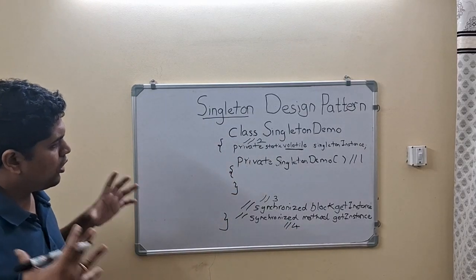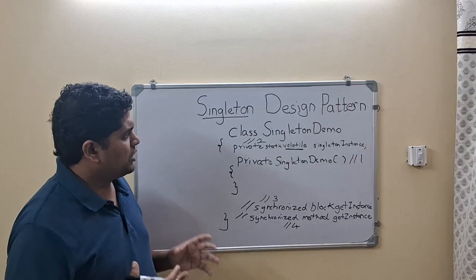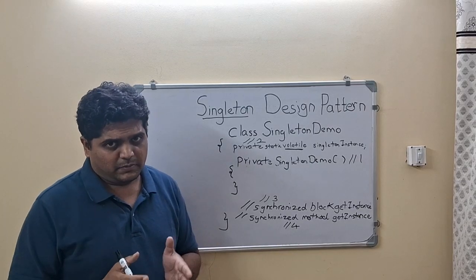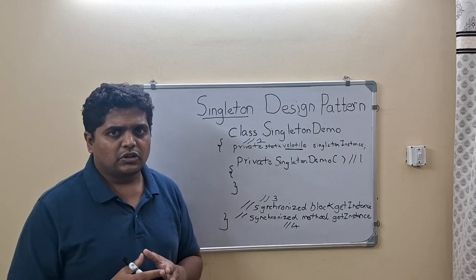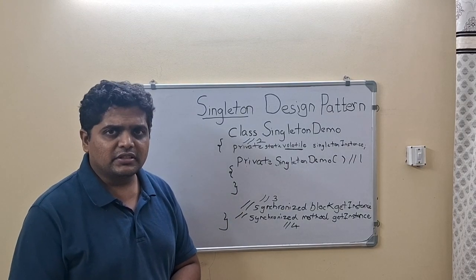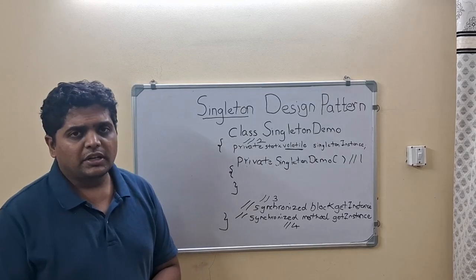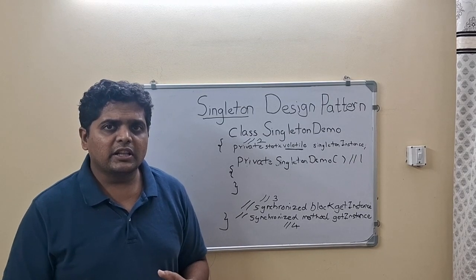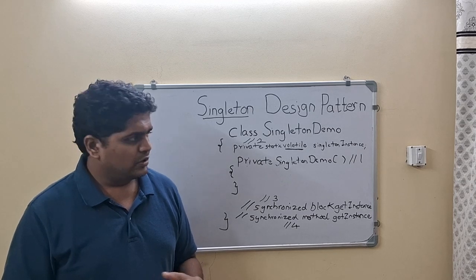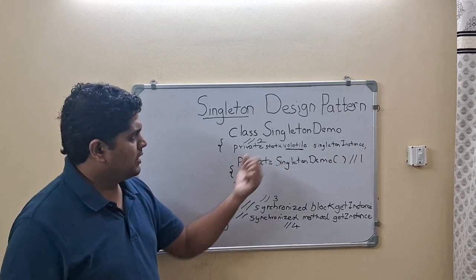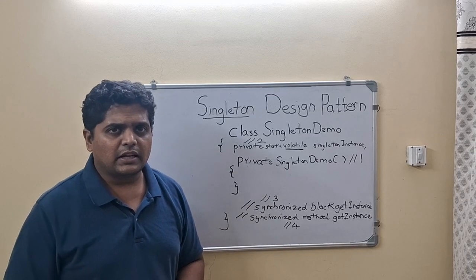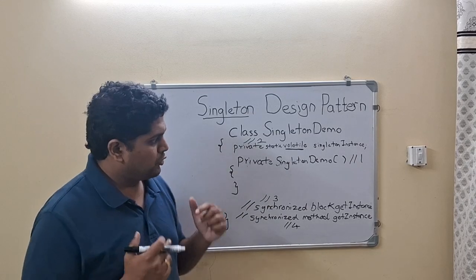So by ensuring all these 4 points, you can surely ensure that the singleton design pattern will create only a single instance. And if you try to create more objects, the hash code method will return the same value. Using this important concept, you can implement the singleton pattern in an effective manner.